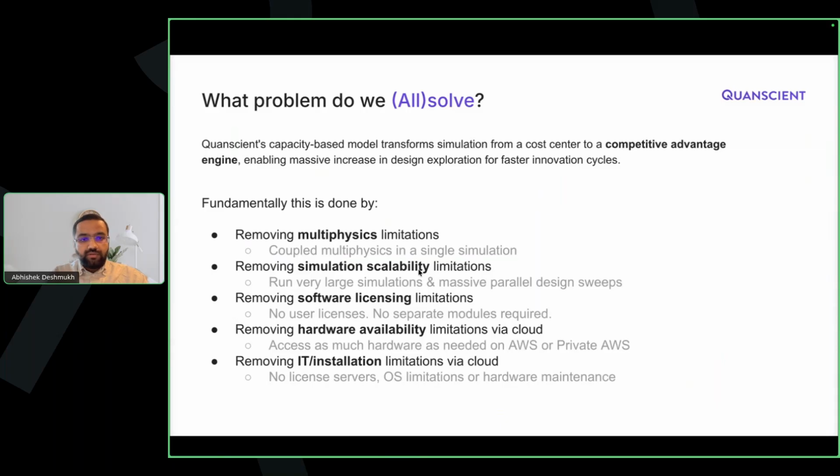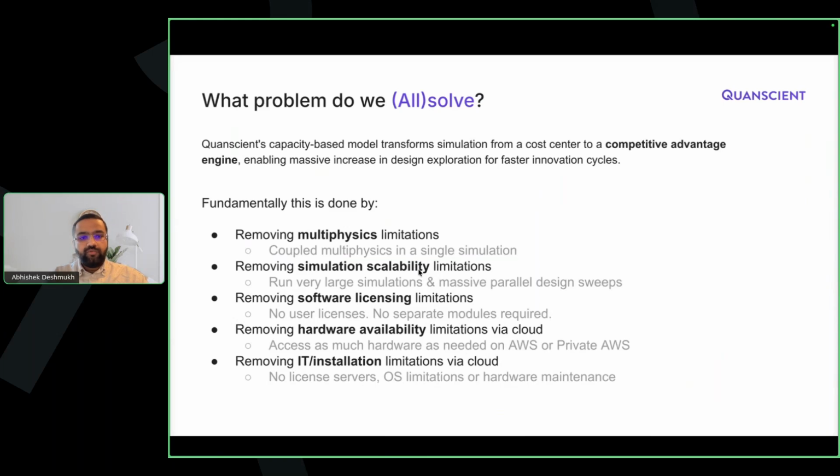And we are also removing the limitations of software licensing. What that means is we are not limiting the number of users, so you can have as many users as you need on the same organizational account, and we are providing everything in the same license. So no extra licensing for separate physics modules.